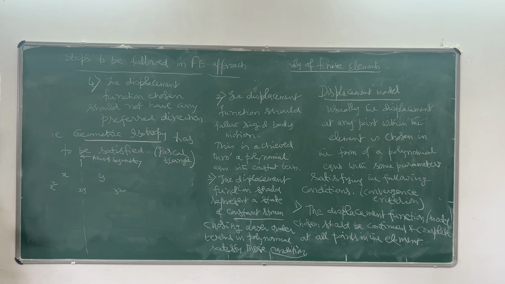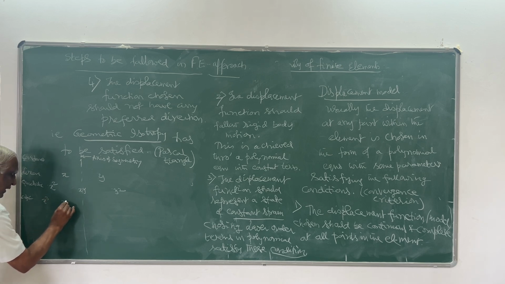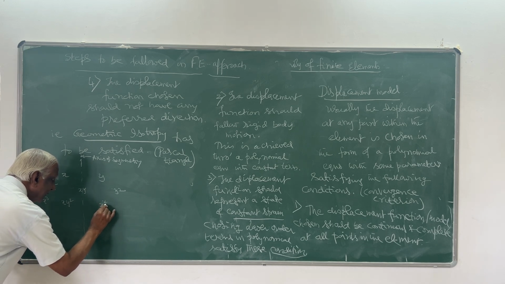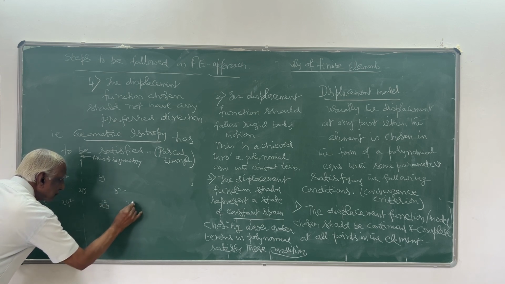Suppose it has to be a cubic polynomial. This is a constant polynomial, this is a linear polynomial, this is a quadratic polynomial, or it may be cubic polynomial: x cubed, then x squared y, xy squared, then y cubed.